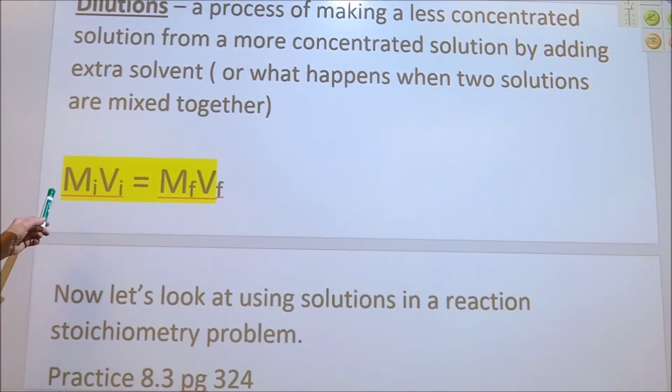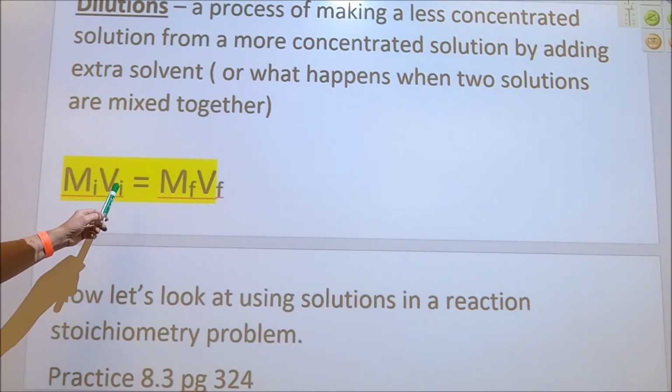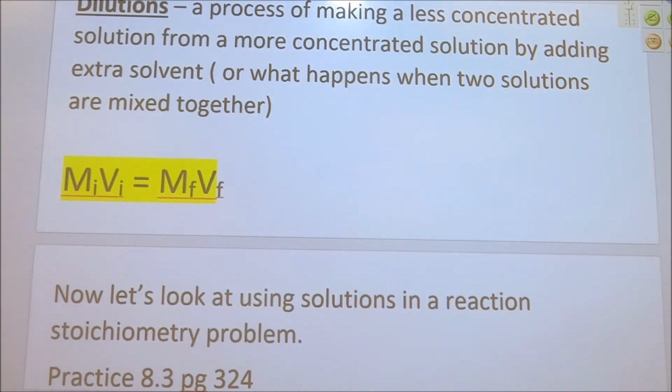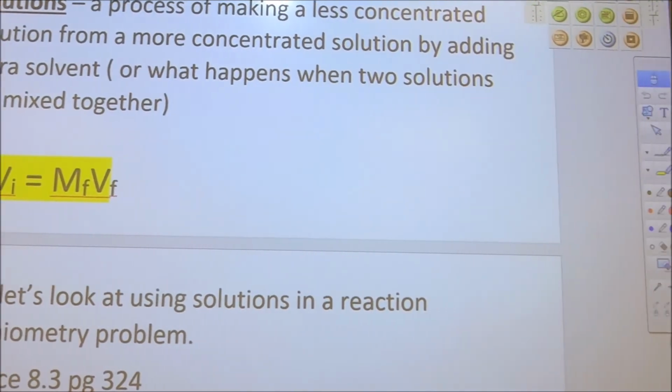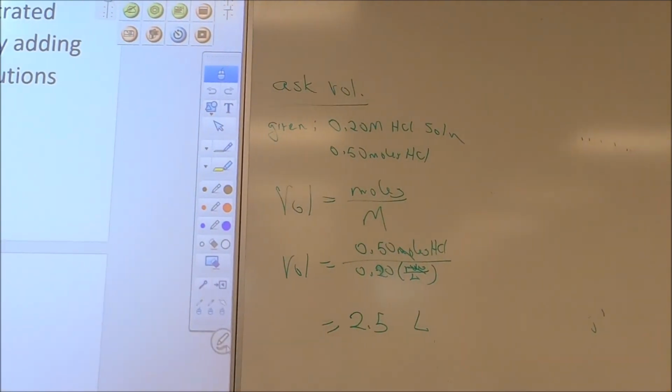Okay? So molarity initial times volume initial has to equal molarity final times volume final. The nice thing about a dilution problem is that it doesn't matter what the volume unit is. It doesn't have to be liters. As long as the volume unit matches, we're okay. Now let me show you an example of a dilution problem.